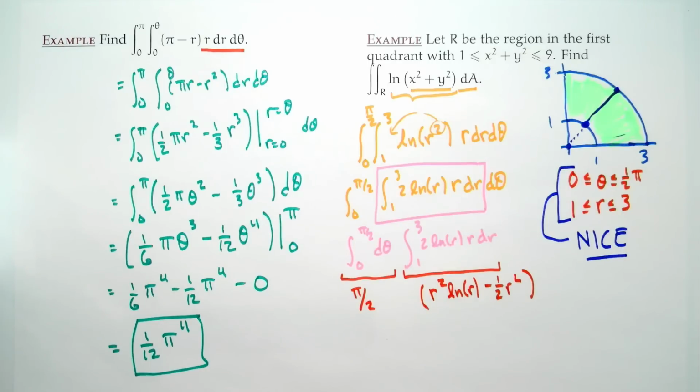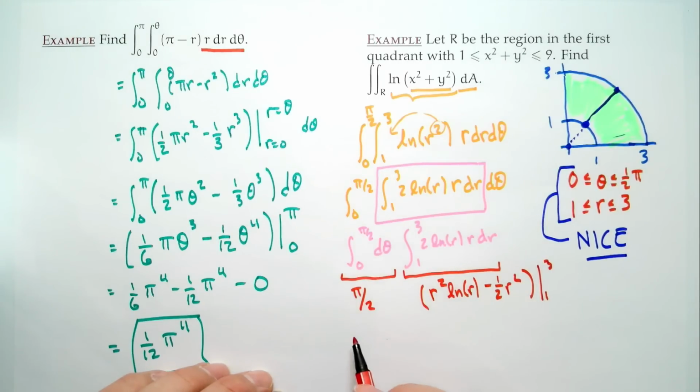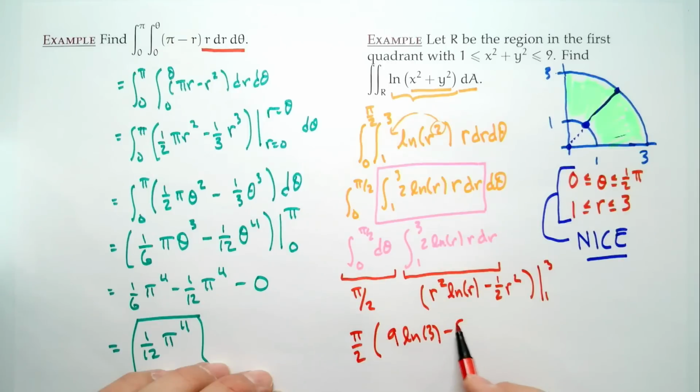Now, if you're skeptical, and it's fair for you to be skeptical, just take the derivative. Product rule. 2r times log r, well, that's good. Then r squared times 1/r, leaving us with r. But here, if I take the derivative, I get minus r, which means the r's cancel, as I claimed. Evaluated from 1 to 3, so we still have the pi halves. Then we have 9 log of 3 minus 9 halves.